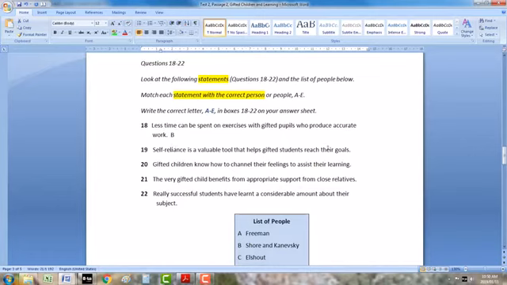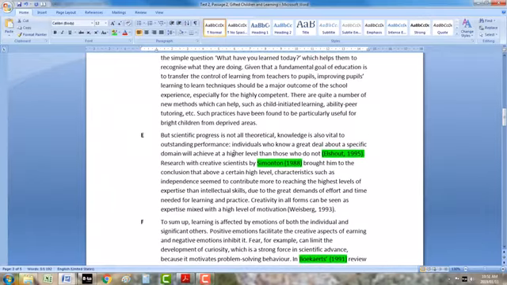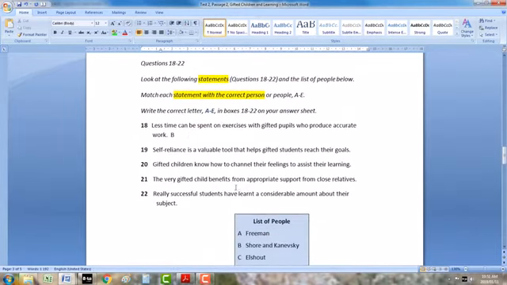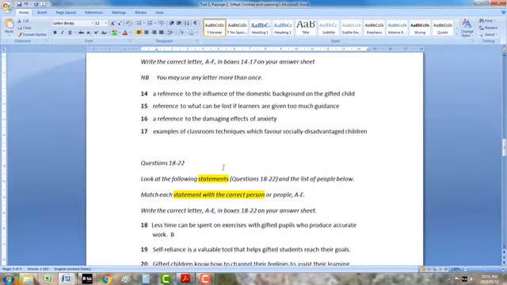Self-reliance, valuable tool, no. Know how to channel their feelings, no. Benefits close relatives, no. Really successful students learnt a considerable amount about their subject. So really successful students achieve at a higher level, and the main thing is learnt a considerable amount about their subject.